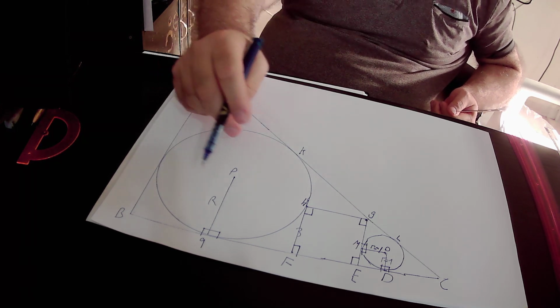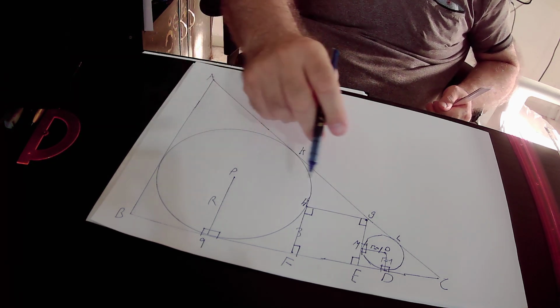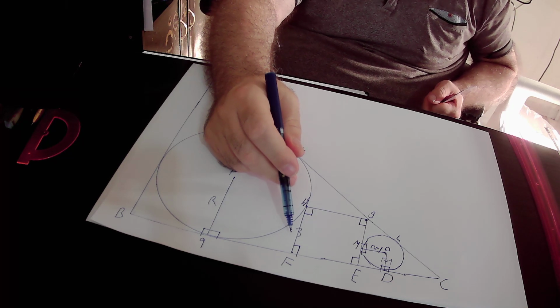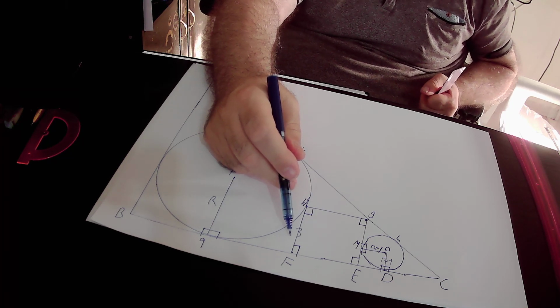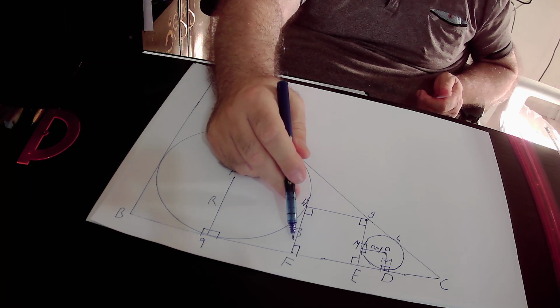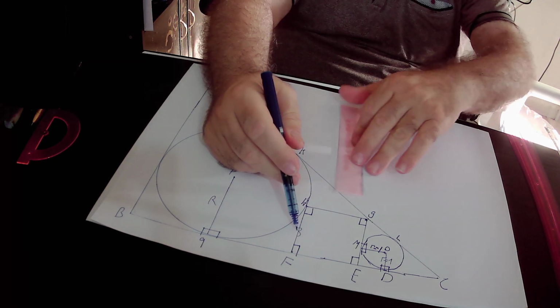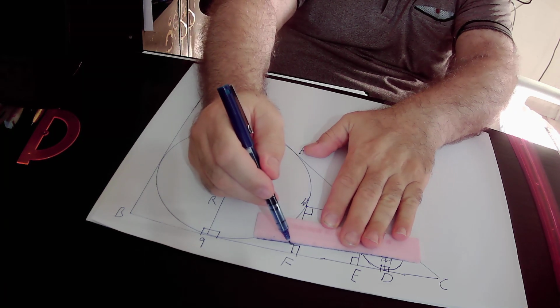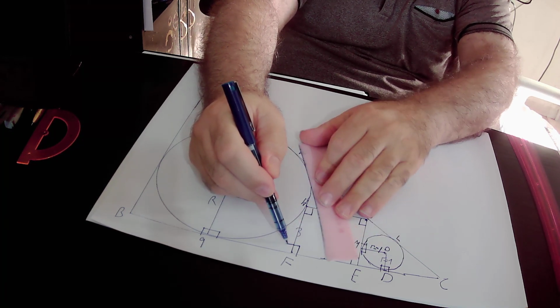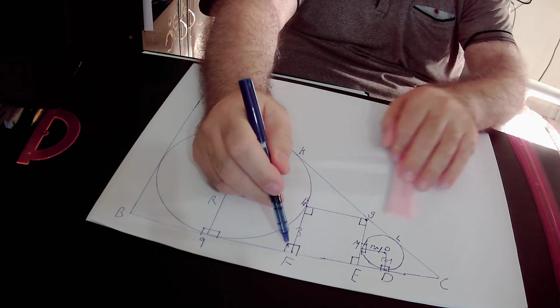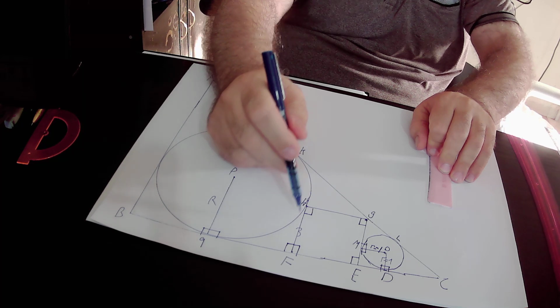So if we focus on the upper side of the straight line BC at point F, here the sum of the angles must be equal to 180 degrees. So which angles do we have at point F? We have this angle that is equal to 90 degrees. So the missing angle must also be equal to 90 degrees in order to complete the sum of the angles on the upper side of BC at point F to 180 degrees. This angle must also be equal to 90 degrees.